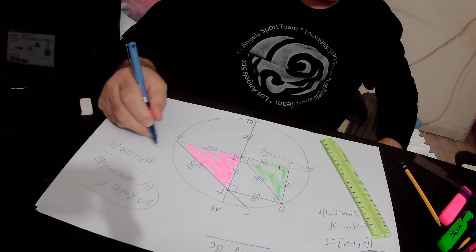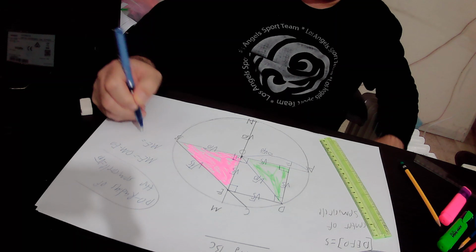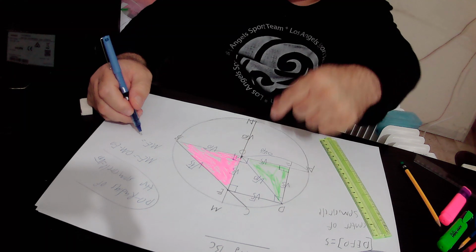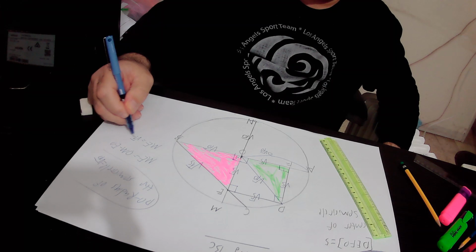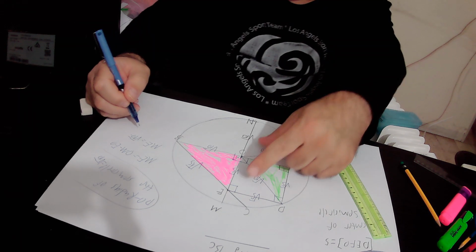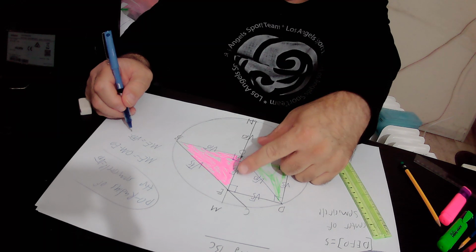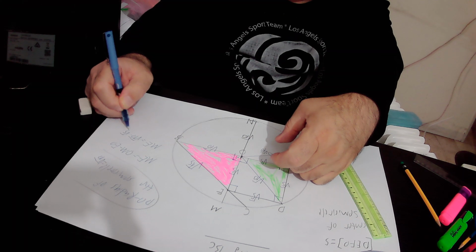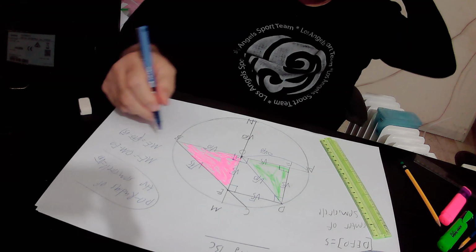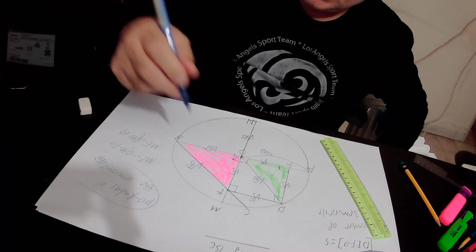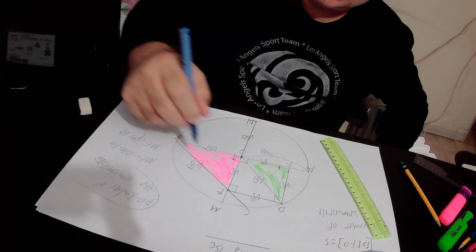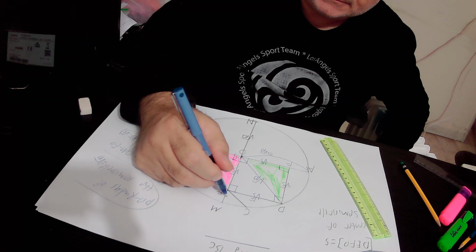That is to say, ME equals OM, that is square root of 10 units, minus EO, that is equal to square root of 5 units. In conclusion, we found out that ME equals the square root of 10 units minus square root of 5 units.